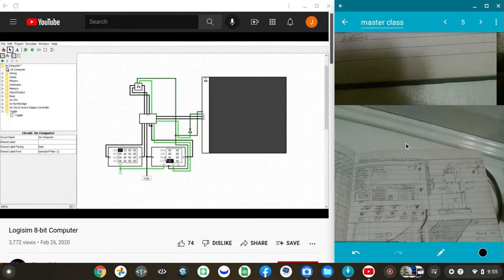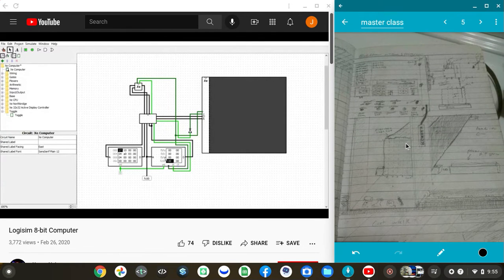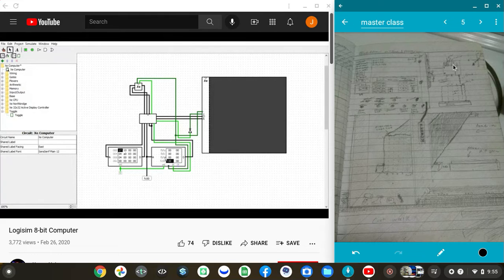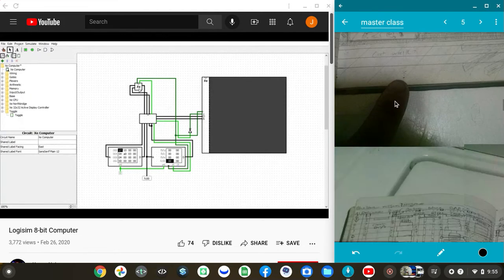And this one, in particular, has 64K of RAM, which doesn't sound like a lot. And it really isn't by today's standards, not at all, but this is an 8-bit microprocessor that's running it.